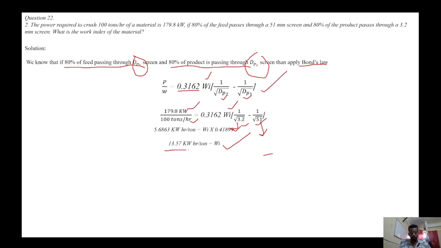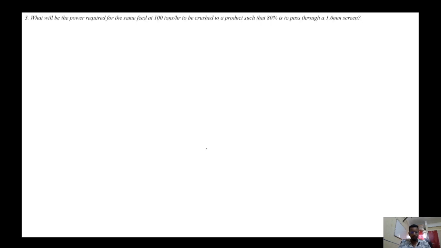Now the second question in the continuation of that previous question, and that is a third part. What will be the power required for the same feed, that is 51 at 100 tons per hour?